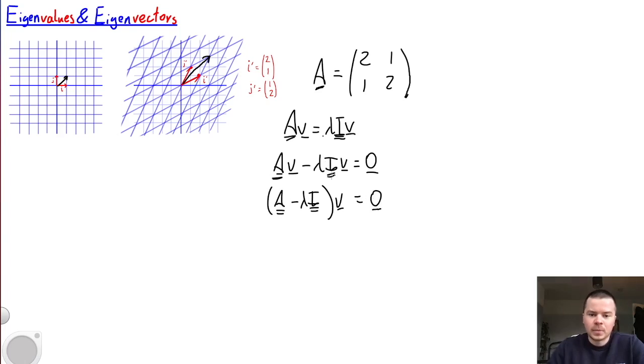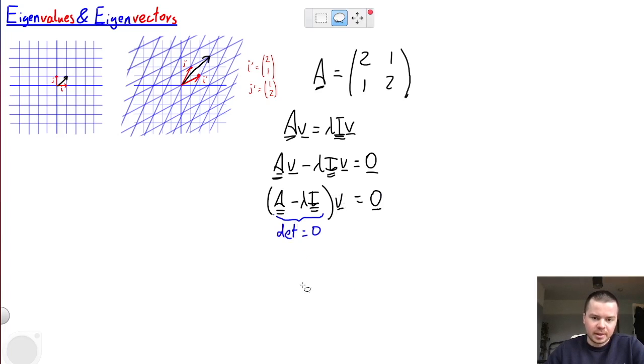Now, assuming that v is not all zeros, which wouldn't be a very useful solution, we can actually work out that this augmented matrix is going to have a determinant of 0. This augmented matrix has to have a determinant of 0, and that is because there's no other way of multiplying a matrix and a vector together and getting a 0, assuming this is non-zero.